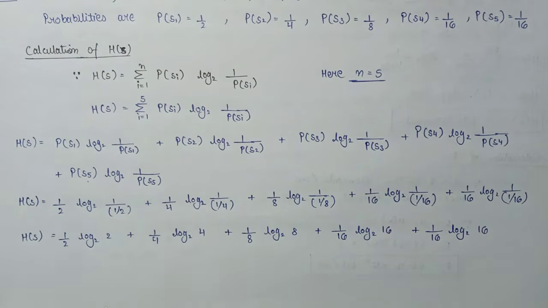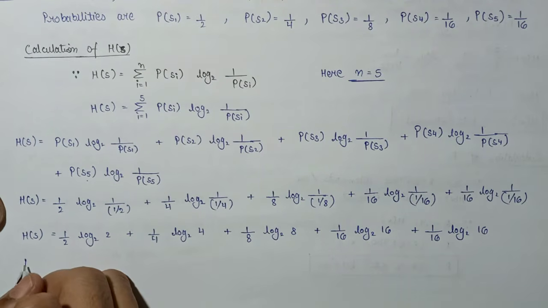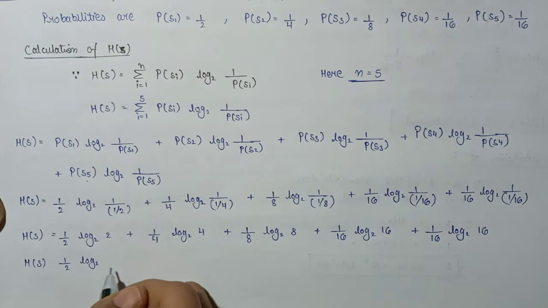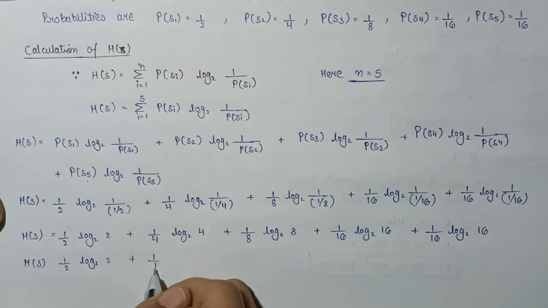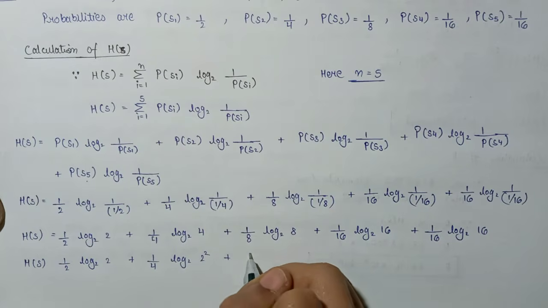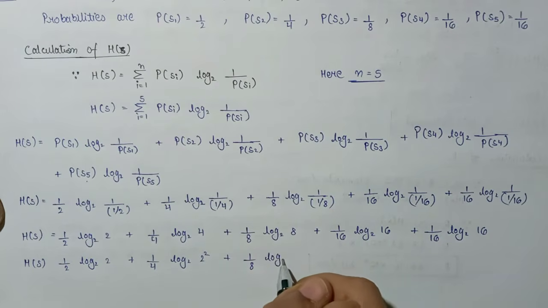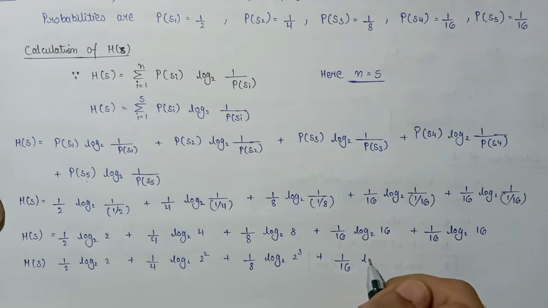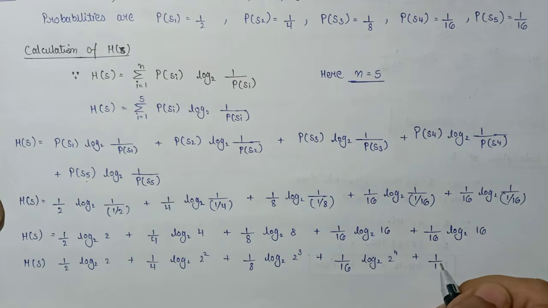If we write the values 2, 4, 8 and 16 as powers of 2, it can be written as 1/2 log base 2 of 2^1, plus 1/4 log base 2 of 2^2, plus 1/8 log base 2 of 2^3, plus 1/16 log base 2 of 2^4, plus 1/16 log base 2 of 2^4.